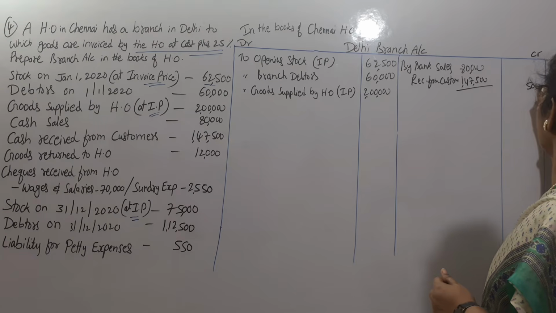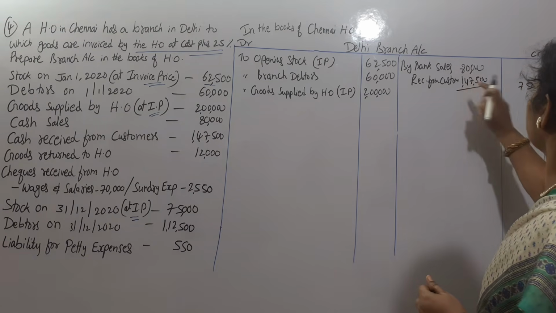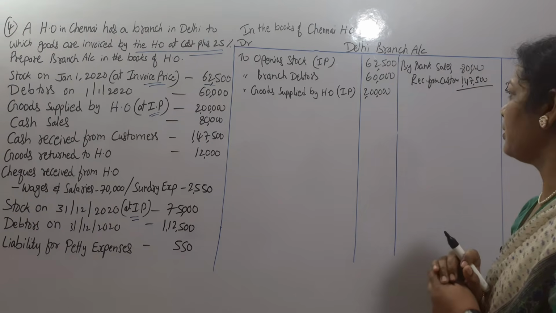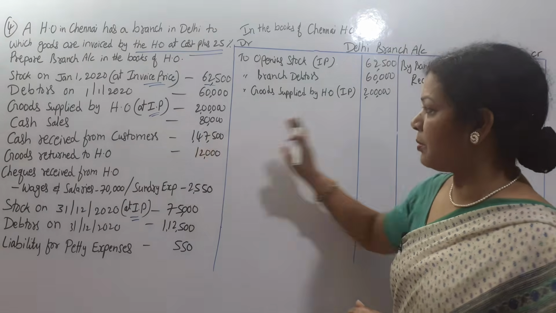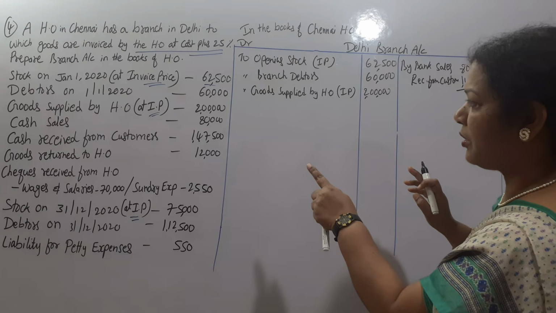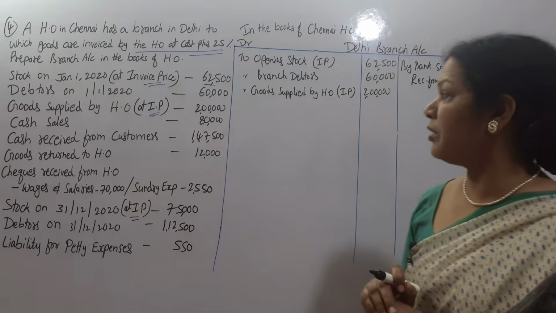Together the total is 2,27,500. So this is received from customers. Cash sales and received from customers together we have written. Right? Did I write the correct amount? Yes, correct.